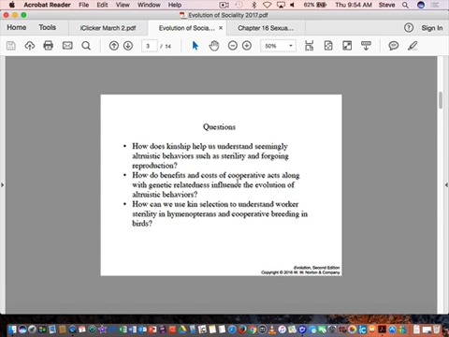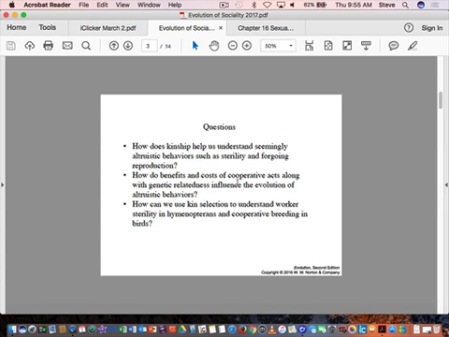And what we're going to use is a different concept of selection, the concept of kin selection, to understand worker sterility in hymenopterans. Okay, what are hymenopterans? Do you remember what those are? Yep. Bees, ants, wasps, all these sorts of things.